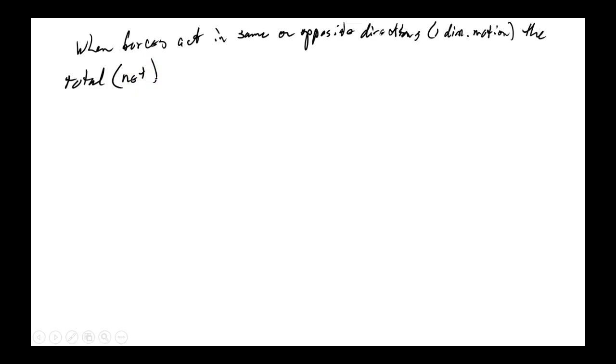Now, frankly to me, those sound like they're almost contradictory. When I think total, I think things are added together. When I think net, I think things are subtracted. Don't think in those terms. Total or net in physics means the same thing. Okay?